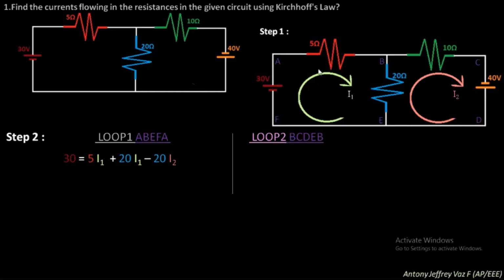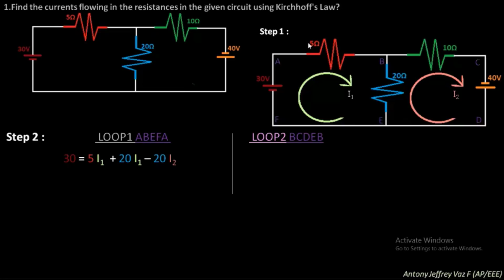This current I1 passes through the 5 ohm resistor, the 20 ohm resistor and returns back to the battery. For loop 1, only for loop 1, the current I1 flows through the 5 ohm resistor and the 20 ohm resistor and returns to the battery. So we need to find the drop.